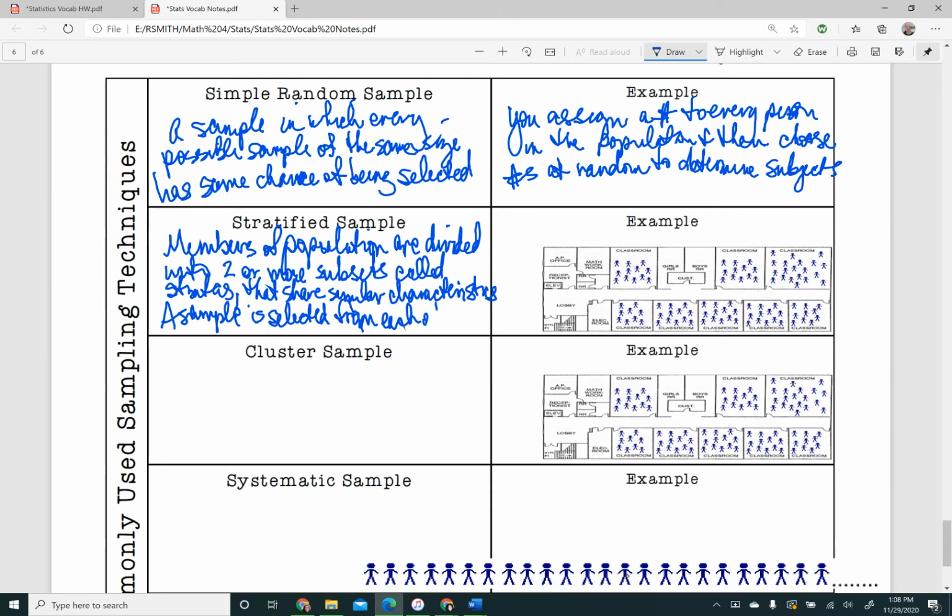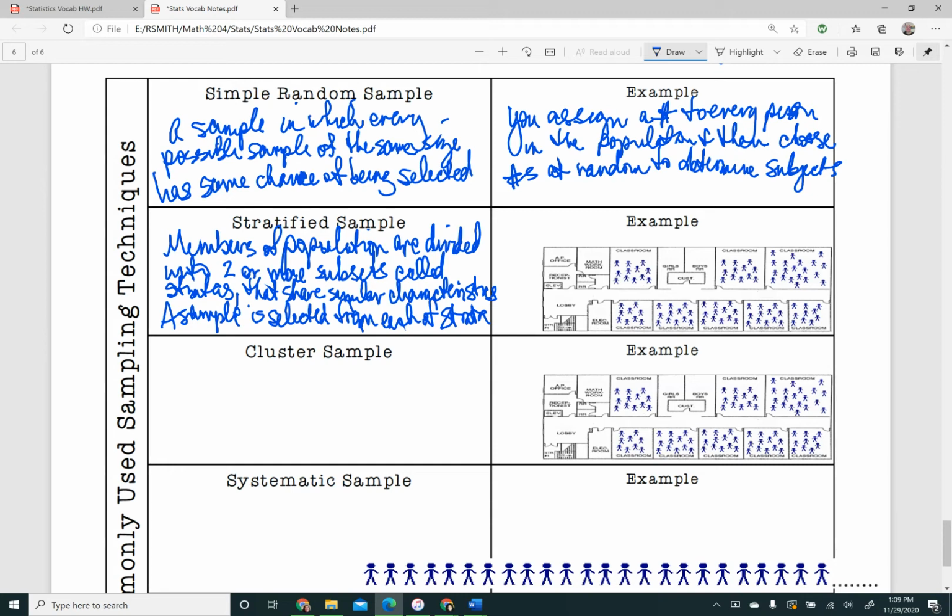So if I was to use this drawing over here, this would be the stratified sample. So they're each classroom. Like this is the French classroom, the math classroom, the science classroom, the social studies classroom, the English classroom. So they're broken up by strata.